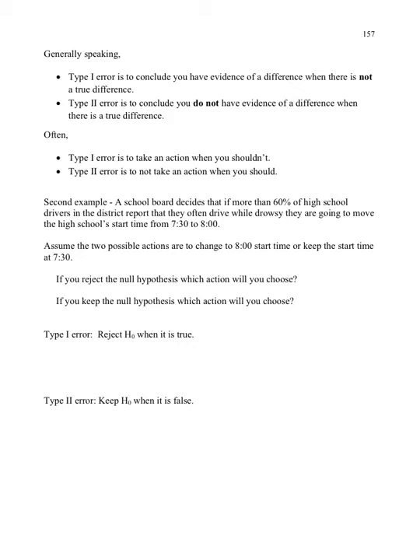So the second example we looked at was this one about the late start time. A school board decides that if more than 60% of high school drivers in the district report that they often drive while drowsy, they are going to move the high school start time from 7:30 to 8 o'clock.